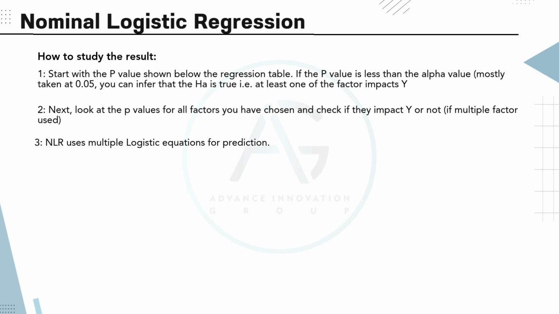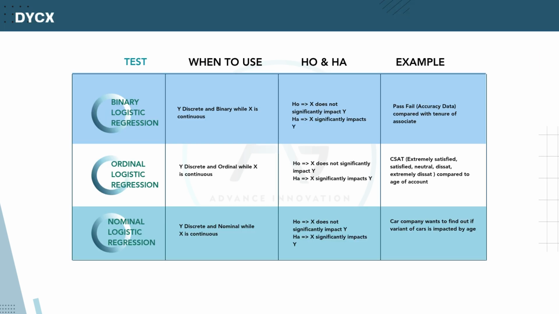multiple non-ordered outcomes. This slide provides a comparative overview of the three types of logistic regression models: binary, ordinal, and nominal, based on the type of dependent variable, Y, and the nature of predictors, X. 1. Binary logistic regression.